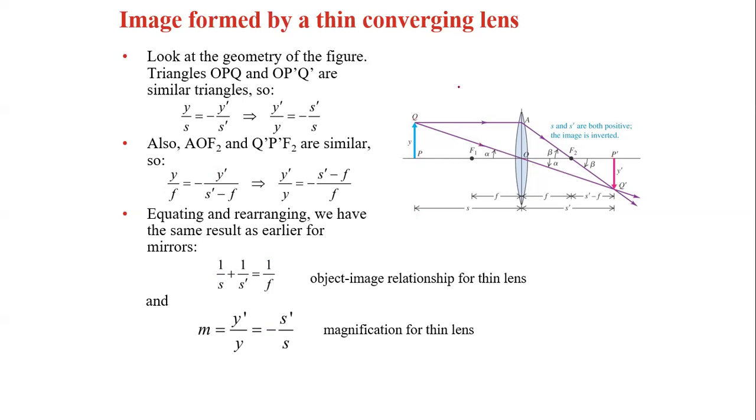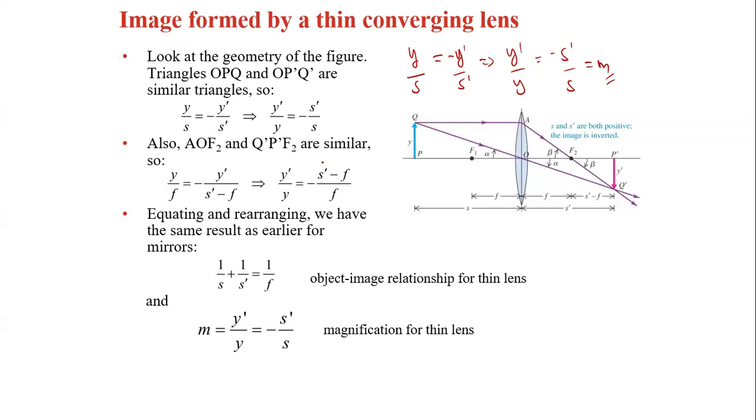So the ratio y over s is equal to, since this is below the optical axis, negative y prime over s prime. This implies that y prime over y is negative s prime over s. This is what we call the magnification for a thin lens, m.